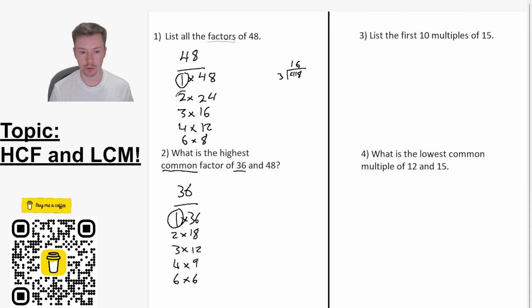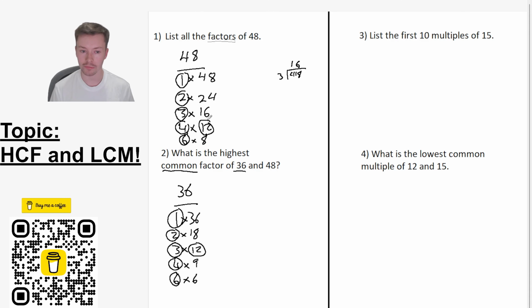I've got 2, which is in both. I've got 3, which is in both. 4, which is in both. 6, which is in both. Could circle both 6s there, but there's not much point. 9 isn't in this one. 12 is in both, so 12 is a common one.